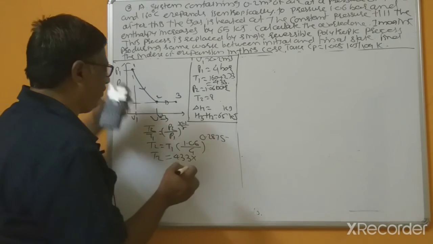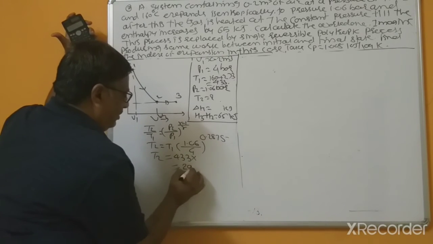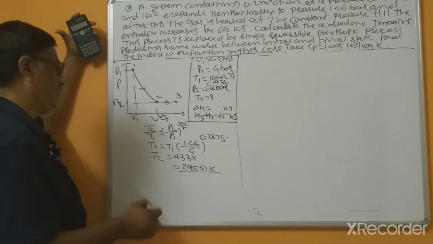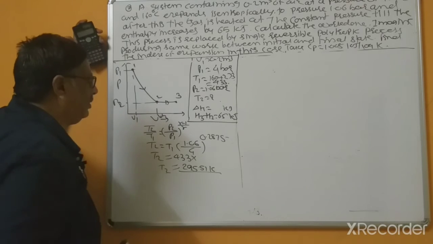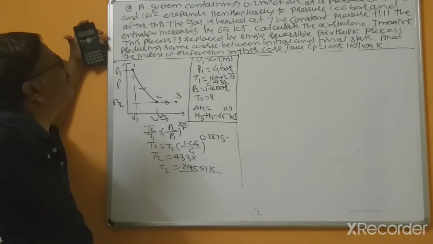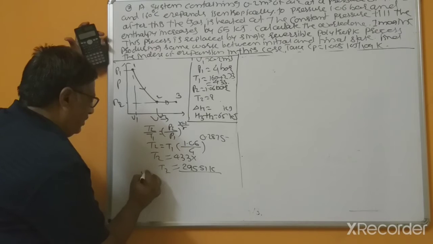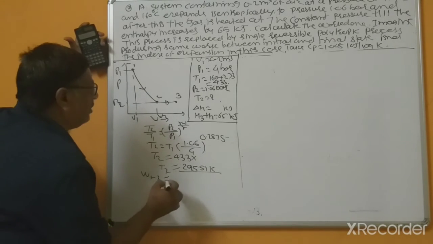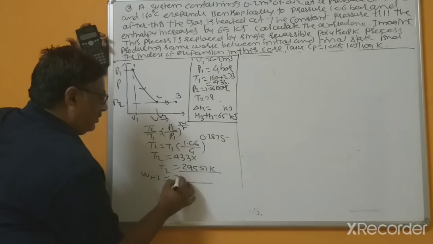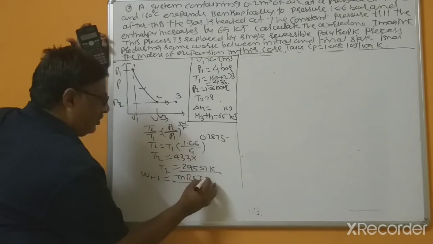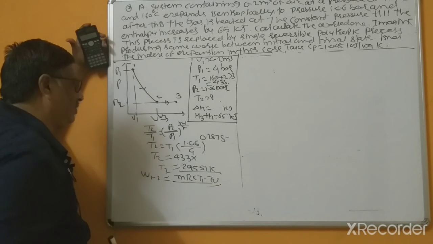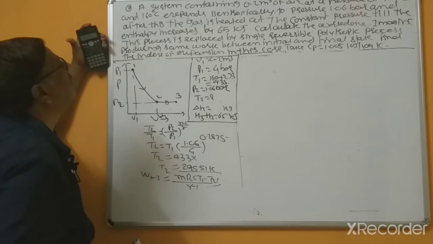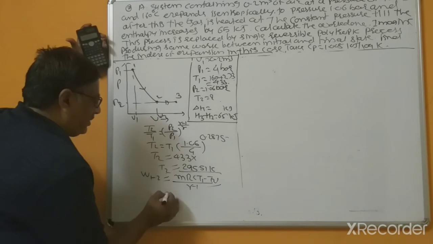This is 295.57 Kelvin. Now what is to be calculated? Work done. Work done during process 1:2 equal to mR (T1 minus T2) divided by gamma minus 1.